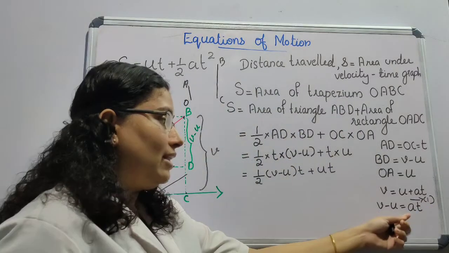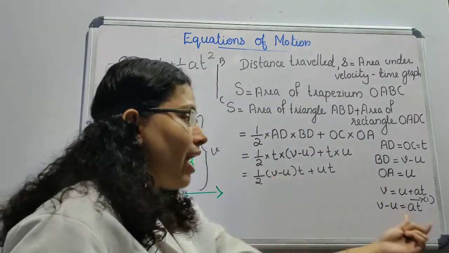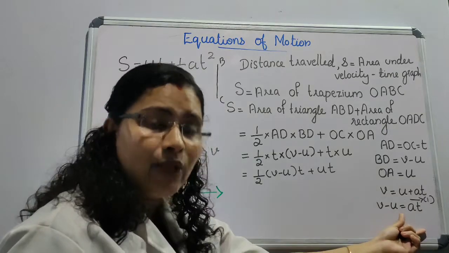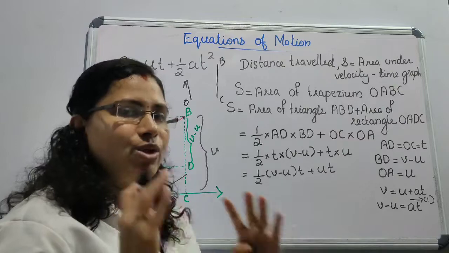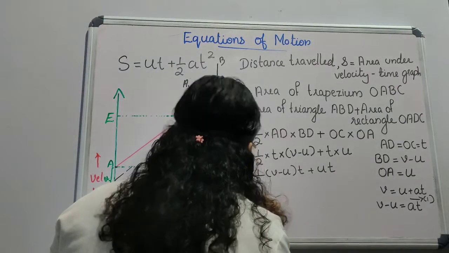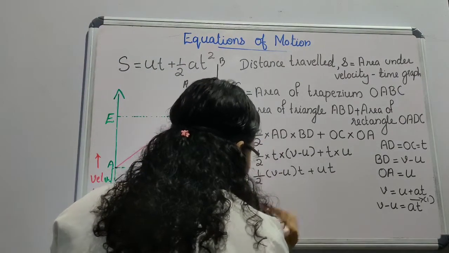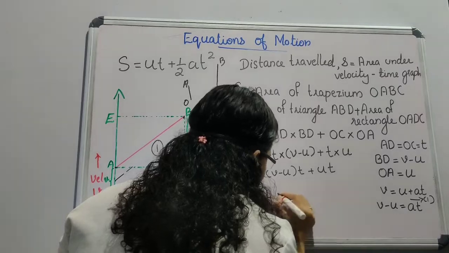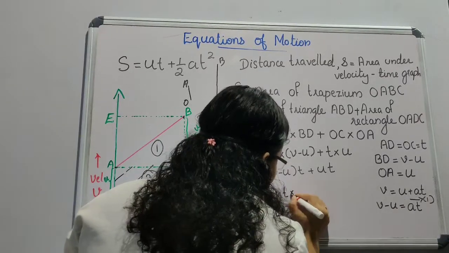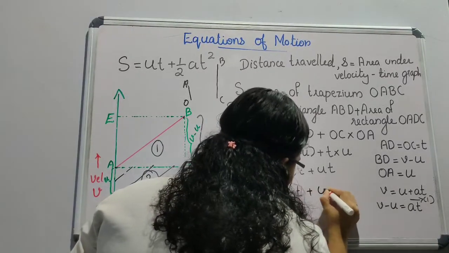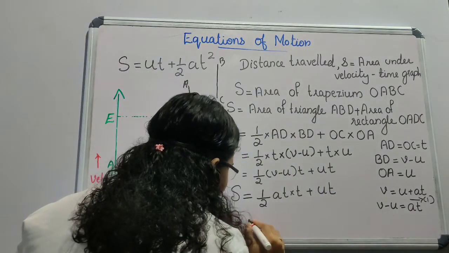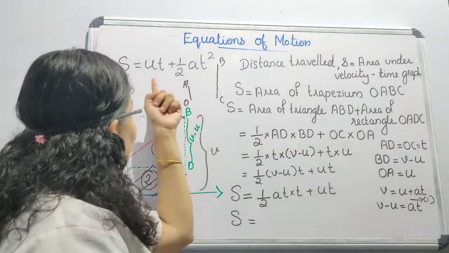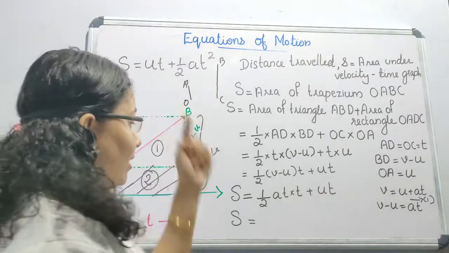So instead of V minus U, I substitute AT, acceleration into time. S is equal to half AT into T plus UT.